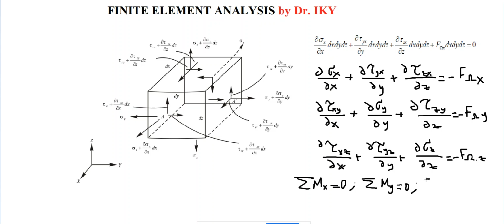Finally, for the z, again, it is equal to 0. And considering this one, we can obtain tau xy must equal tau yx. And the same thing with tau yz is equal to tau zy, and finally tau xz is equal to tau zx.